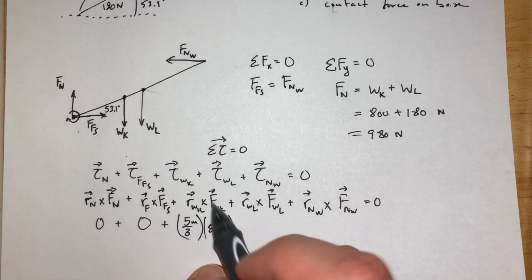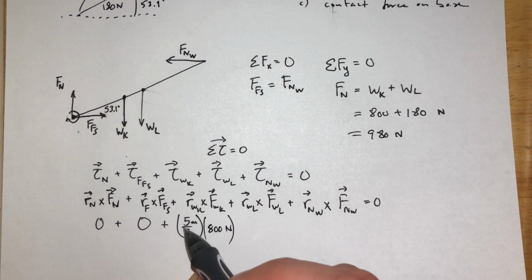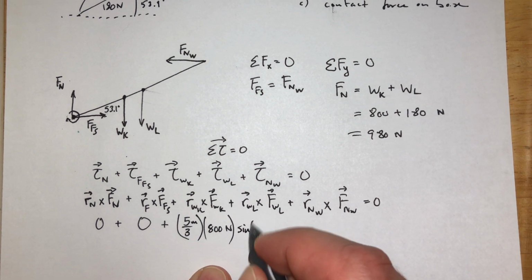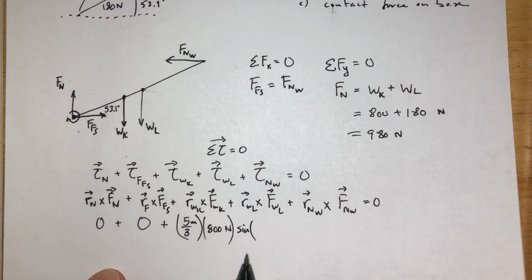And the cross product is magnitude of the first thing, magnitude of the second thing, sine of the angle between them.